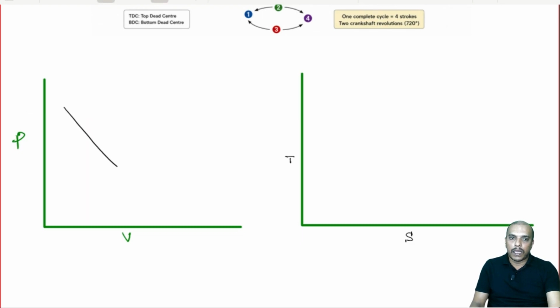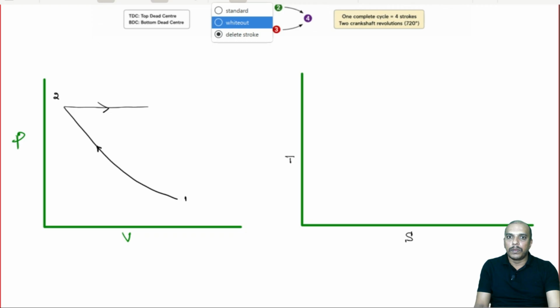Now, there will be a reversible adiabatic compression, that is 1 to 2, then 2 to 3, a constant volume heat addition, sorry, constant pressure heat addition, then we will have reversible adiabatic expansion, then we will have constant volume heat rejection.